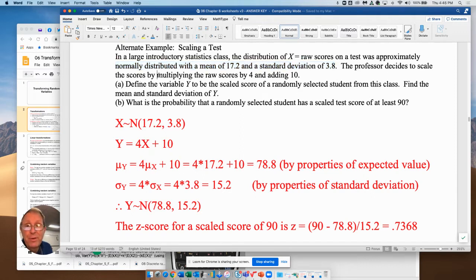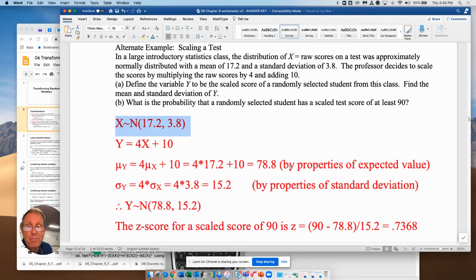He wants to take each raw score, multiply it by 4, and add 10. So if x is my original distribution, I'm going to multiply it by 4 and add 10, and that'll give me my new transformed distribution. And we're told that x has a mean of 17.2 and a standard deviation of 3.8.